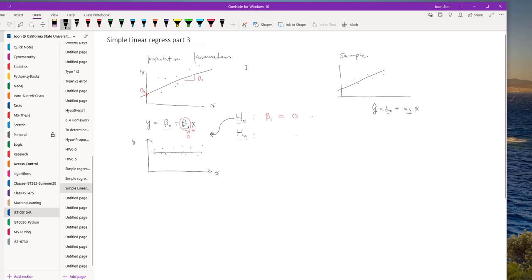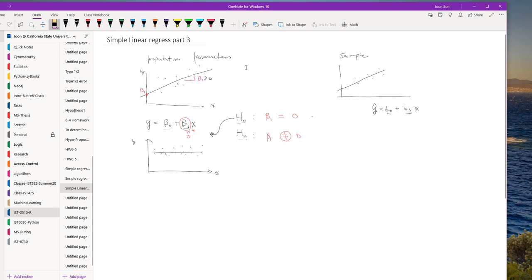And the alternative hypothesis is the opposite: beta 1 is not 0. That means there's a slope, whether it's positive or negative. By the way, this is a negative slope and this is a positive slope, where beta 1 is less than 0. Anyway, what I'm trying to say is that beta 1 is not 0.